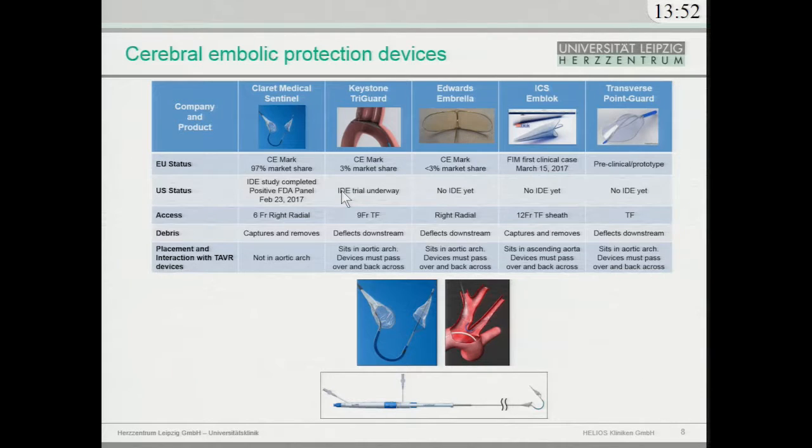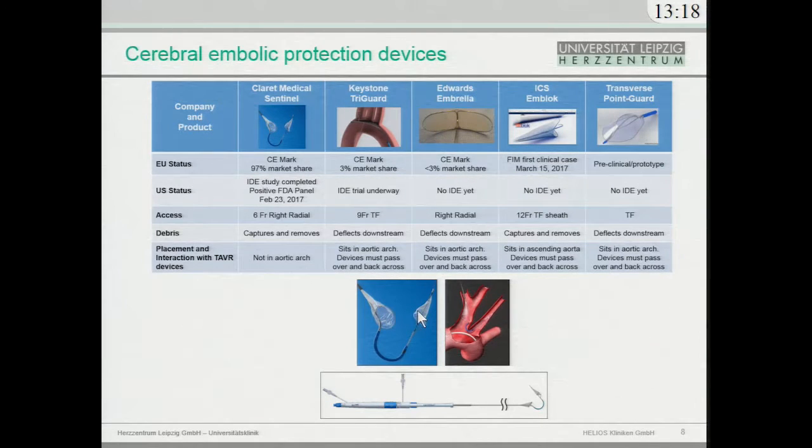There are other devices, the Keystone TriGuard, the Edwards umbrella, the embolic device, and the Transverse Point Guard device. Most of these devices actually deflect the emboli downstream. They are not removed from the circulation. This is also true for this device, but here the ICI's embolic device also captures and removes the emboli from the circulation.